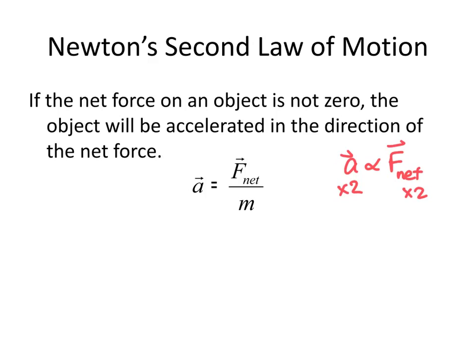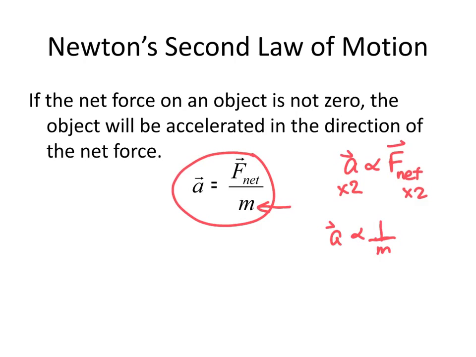The other thing we see in Newton's equation for his second law is that acceleration is inversely proportional to the mass of the object, which we can write like this, because we can see that the mass is in the denominator. That tells us that as mass increases, the acceleration decreases.